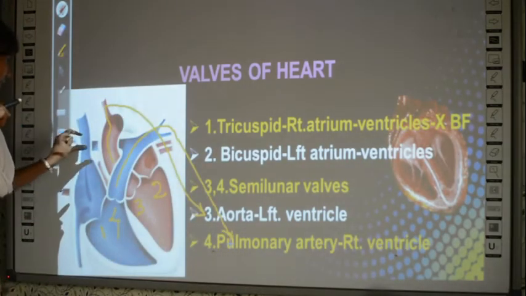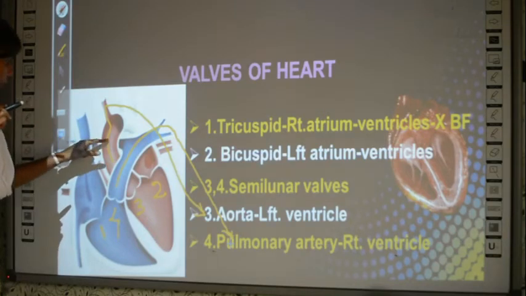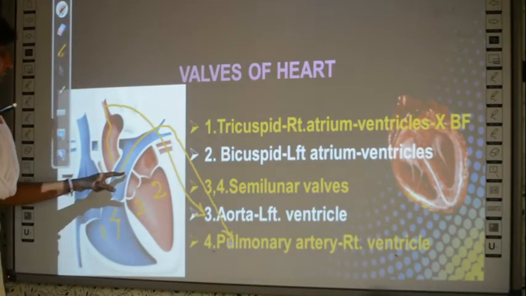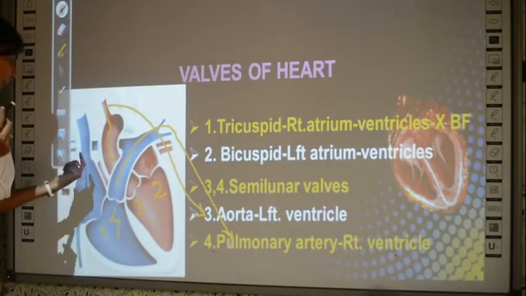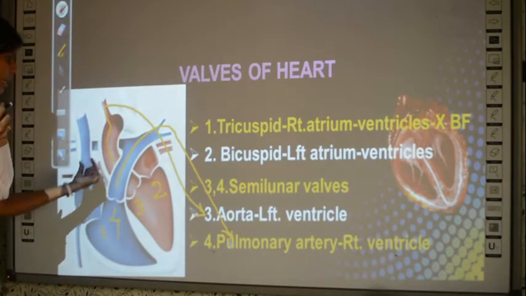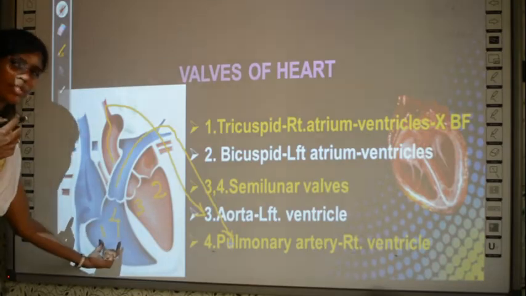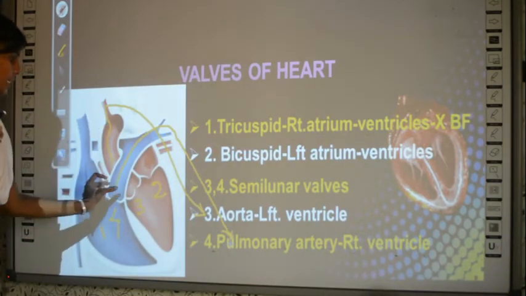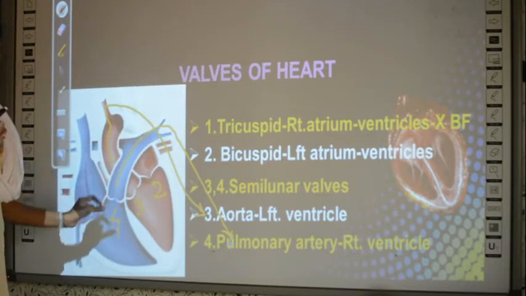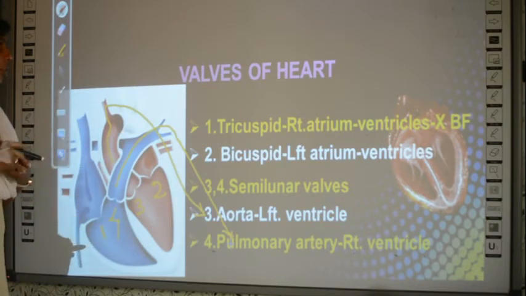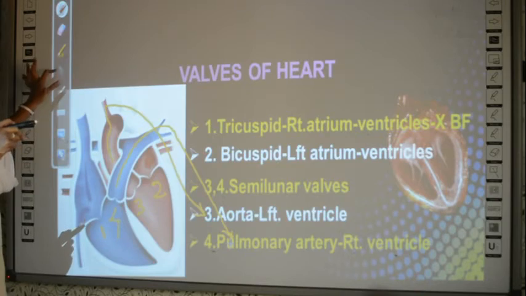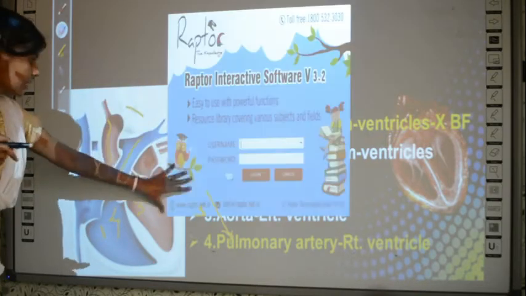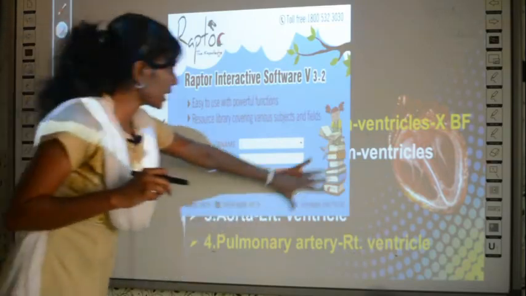So the name of this tube is aorta and the name of this tube is pulmonary artery. So what all names you know? Right auricle, left auricle, right ventricle, left ventricle, aorta and pulmonary artery. Clear? So these are all about the valves in the heart, and you have 2 more structures which we didn't study. I'll tell you in the next slide.